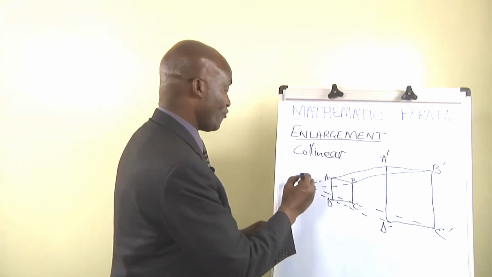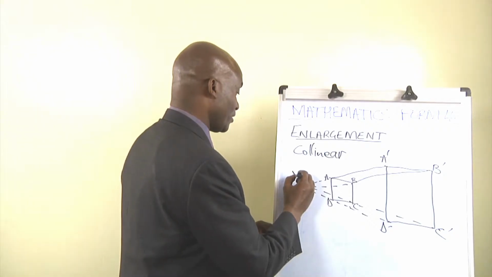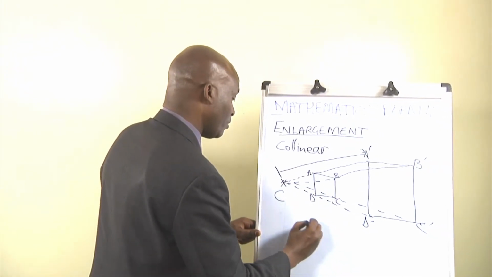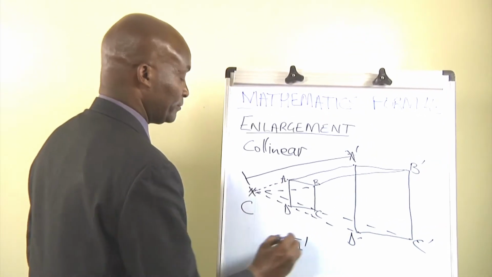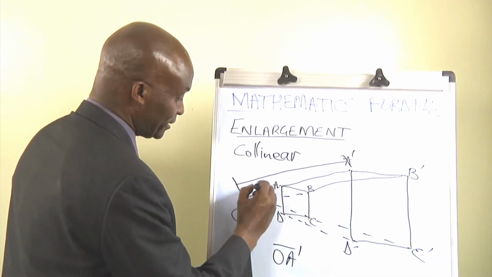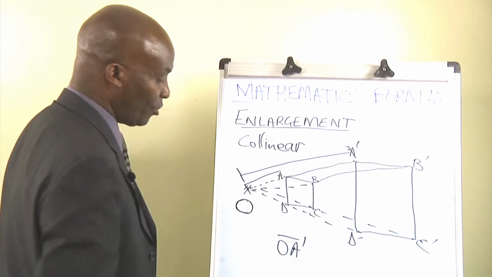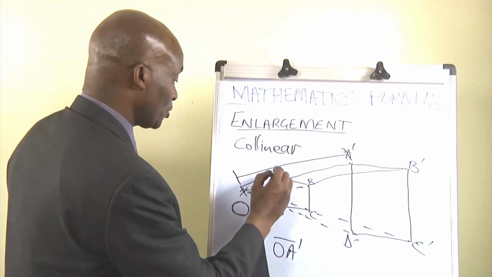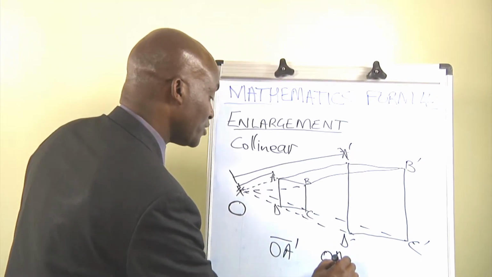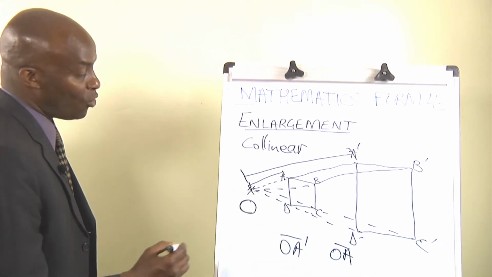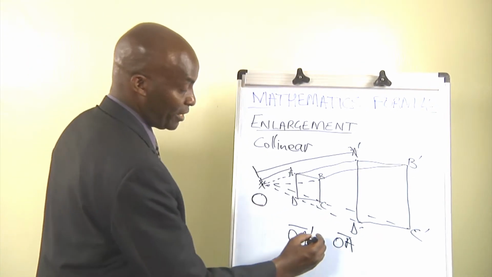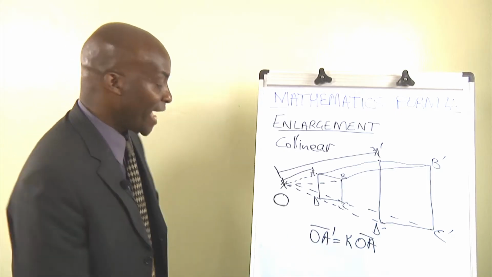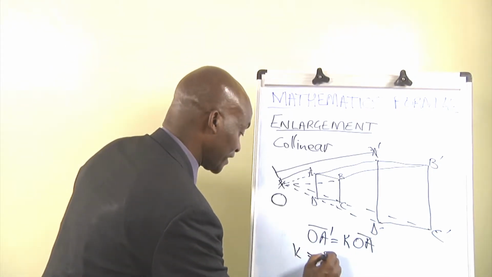In other words, if we take this distance, that is the distance we are calling OA prime, and we take this distance, I want to call the center O. So if we consider the distance OA, what is the relationship between the two distances, OA prime and OA? You find that OA prime is equal to k times OA, where k is the scale factor.